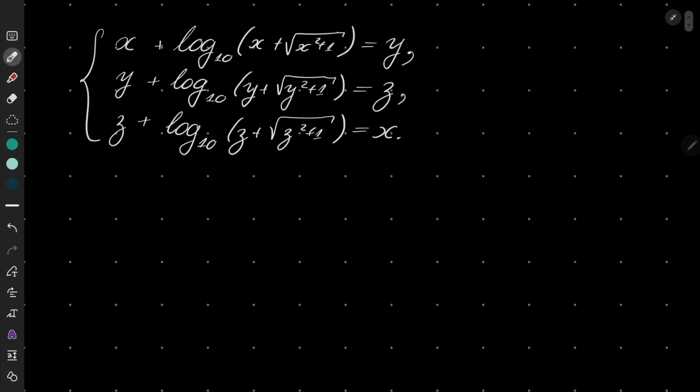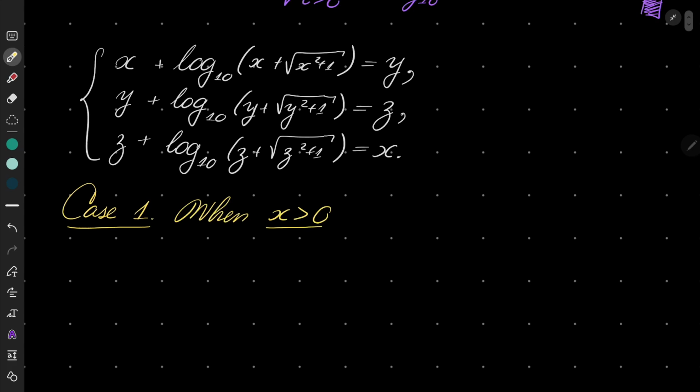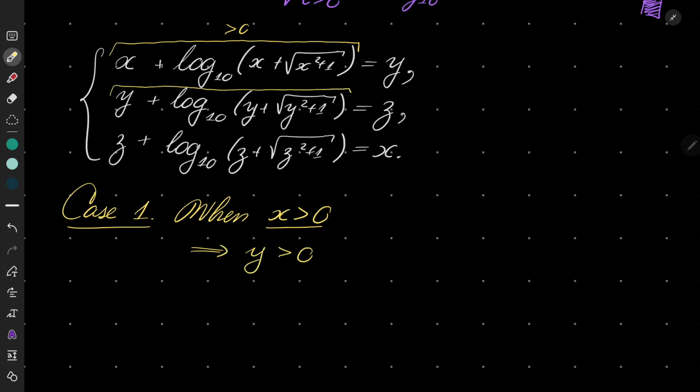And now I wish to consider two cases first. Case number one, when x is actually positive. Well, by our lemma, this thing right here is also positive. So that means that y is positive. And again, by our lemma, that means that this thing right here is positive, and that's z. So z is positive as well.